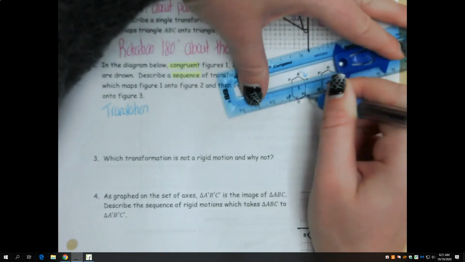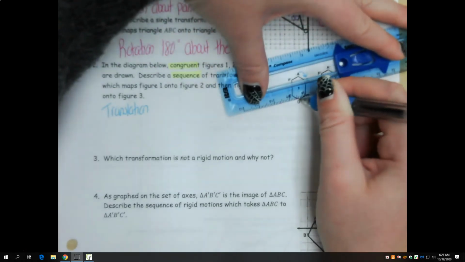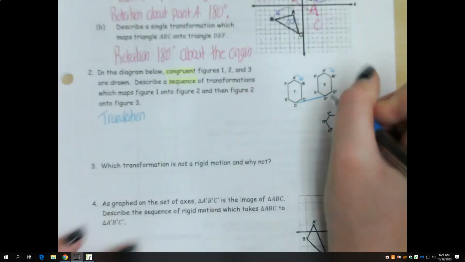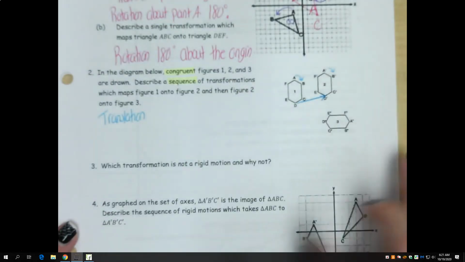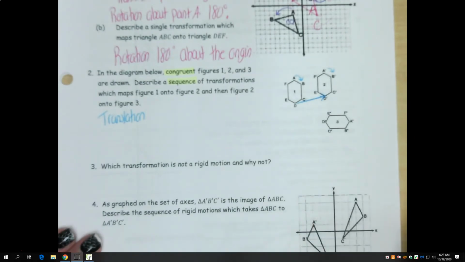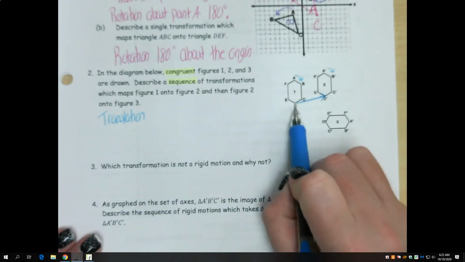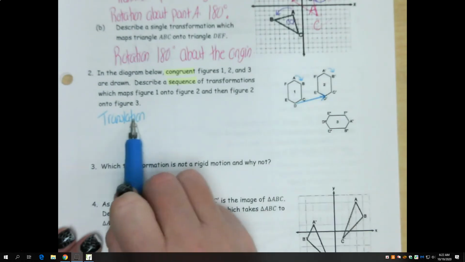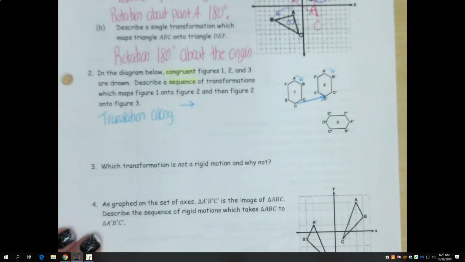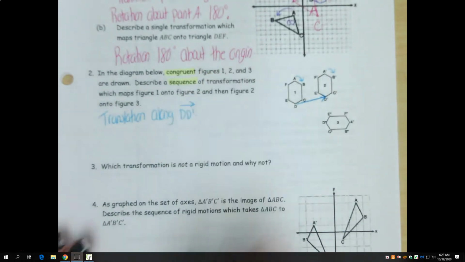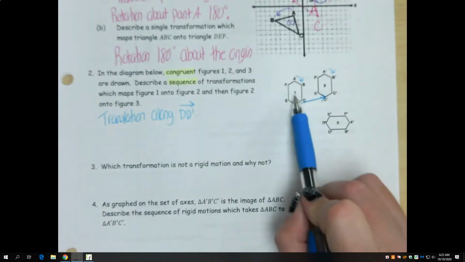I'm going to pick D and D prime. You guys can pick A and A prime, C and C prime, E and E prime, it doesn't matter. But you have to pick one ray to translate along. And I'm going to pick D, D prime. So I'm going to say this is a translation along ray D, D prime. Now I've moved from 1 to 2.